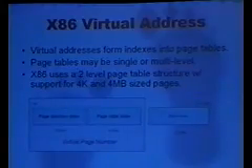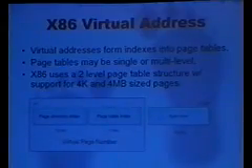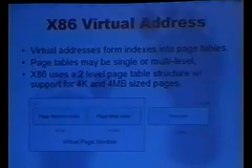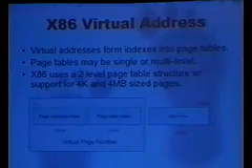In practical terms, whereas a normal page table contains pointers to physical frames in memory, our page directory actually contains pointers to page tables, and then the page tables contain pointers to the physical memory frames. And that also means that now we're able to actually page out the page tables as well.